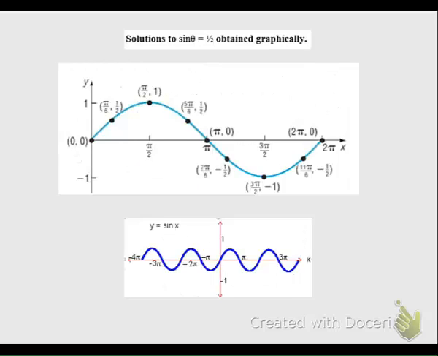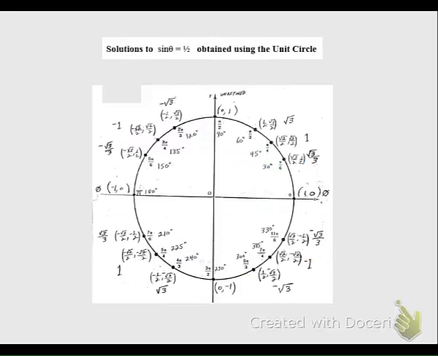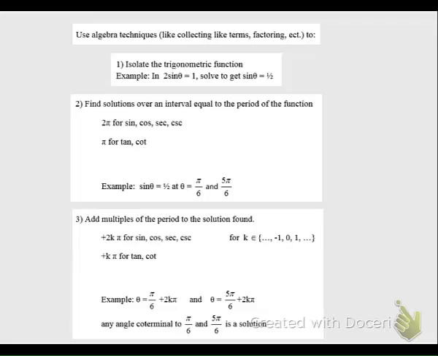When we unraveled the unit circle and we got a graph, the y height is 1/2 here and here. This would be like y equals 1/2, and that's at pi over 6 and 5 pi over 6. So whether you want to use the graphs or the unit circle, we know in our example, sine theta is 1/2 at pi over 6 and at 5 pi over 6.